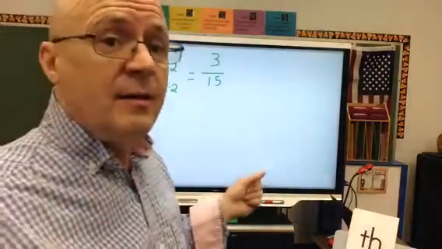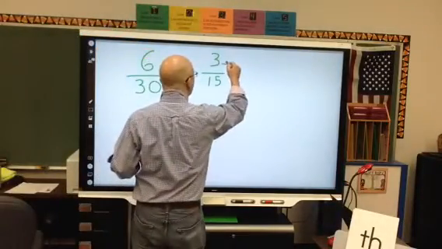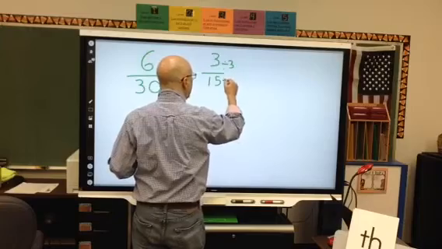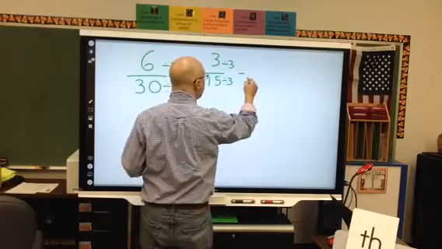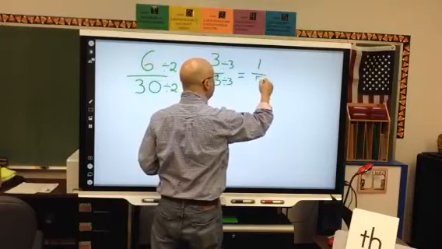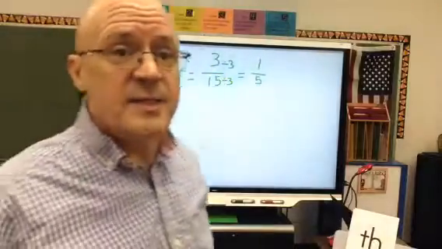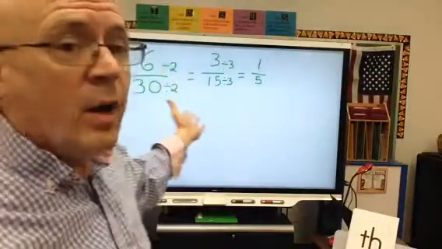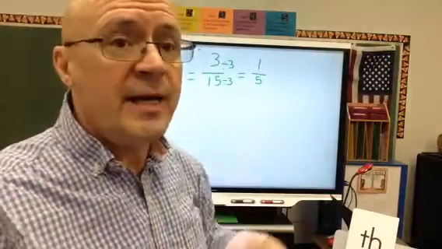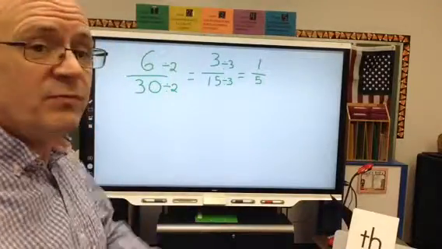It's not, because I can divide the top number by 3, and I can divide the bottom number by 3, can't I? And I get the answer 1/5. Okay? Now that one is in simplest form because 1 is only divisible by 1. Once you get down that far, you don't have to go any farther. That's the answer. That's simplest form.